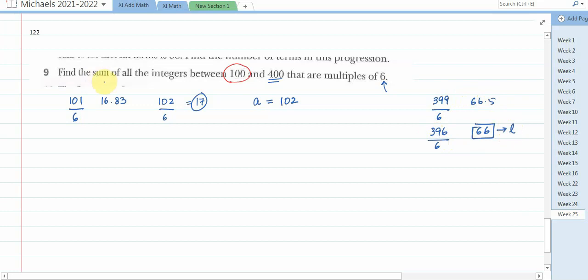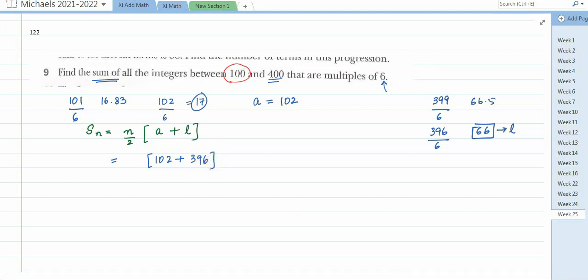Alright, we need to find out the sum of all the integers. So the working formula to find the sum of all integers is equal to n divided by 2 times a plus l, right? So the values for a and l are known, which is 102 plus the last term we have, it's 396, but we don't have the value of n here, right?